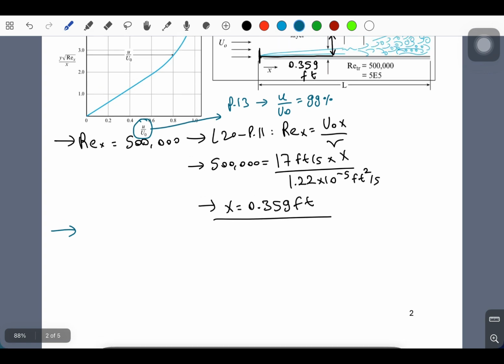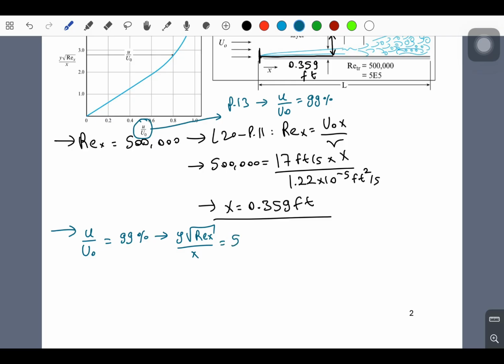So in this condition, we have that 5, and this is happening when y is equal to delta, which was the thickness.